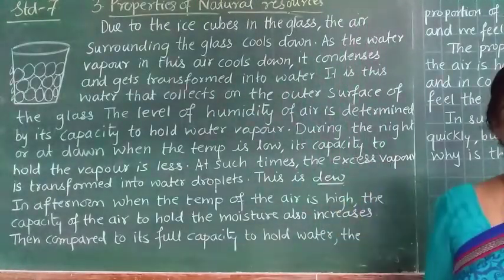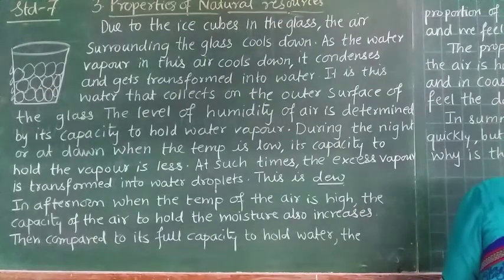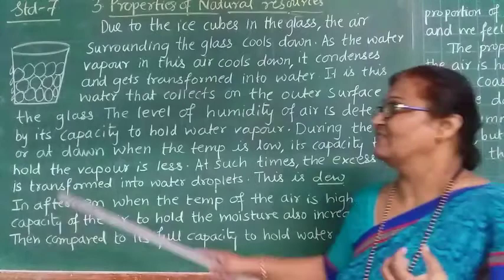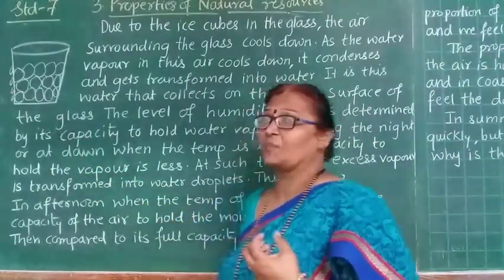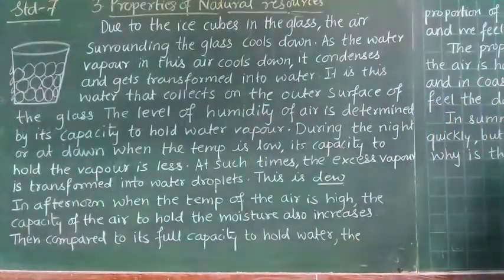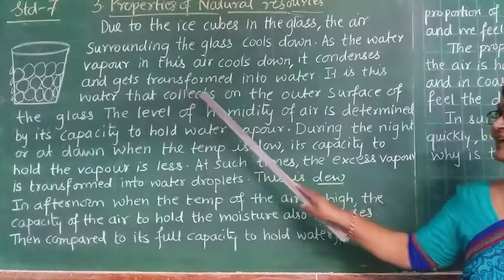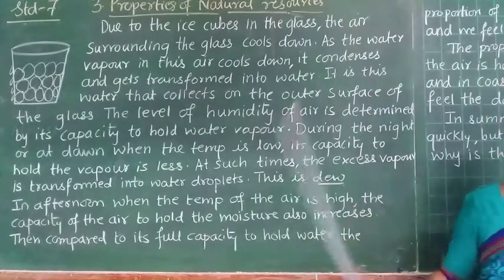It condenses and is transformed into another liquid, that is nothing but water, which is called water droplets here. It is this water that collects on the outer surface of the glass.